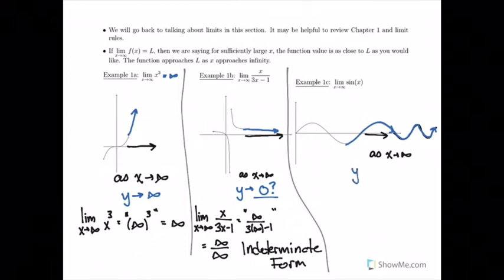So do we say that y approaches 1? Do we say y approaches negative 1? Do we say y approaches the middle of those, 0? And the idea is, we've talked about this in Chapter 1, that the limit must be unique. So therefore, since we don't know if it's 1 or negative 1 or 0 or something in between, this limit does not exist.